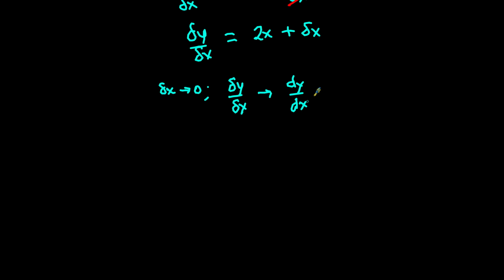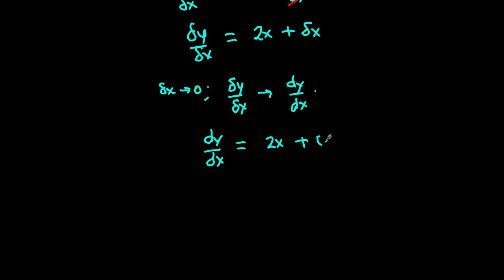Now, instead of writing delta y by delta x, we are going to write dy by dx, which will be equivalent to 2x plus delta x, where wherever we get our delta x, it is replaced by 0 here.